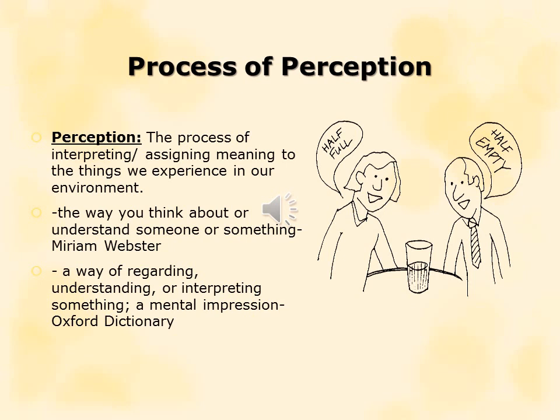The optimist assigns that there is a half full glass of water, and the pessimist assigns that there's a half empty glass of water. He assigns a negative meaning to it. They're both smiling, so it makes this a little inaccurate, but if this were accurate, the guy on the left would probably be frowning. So that's perception.